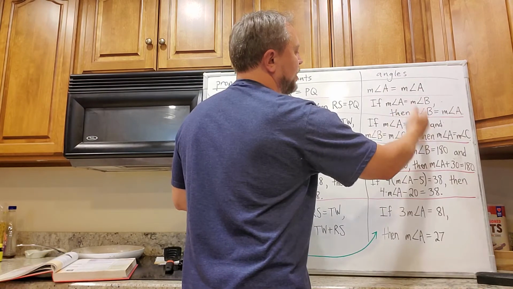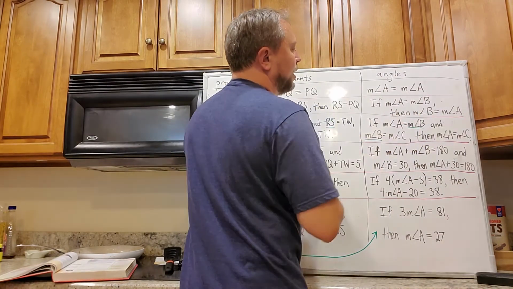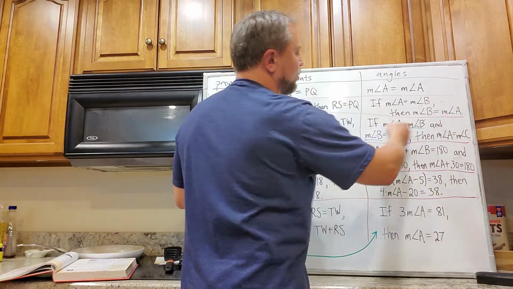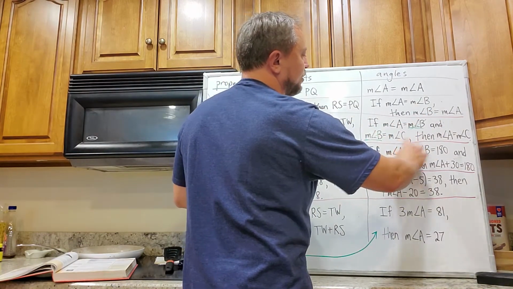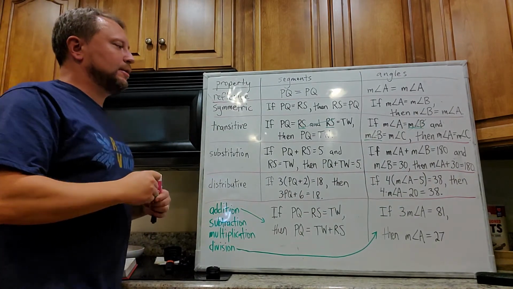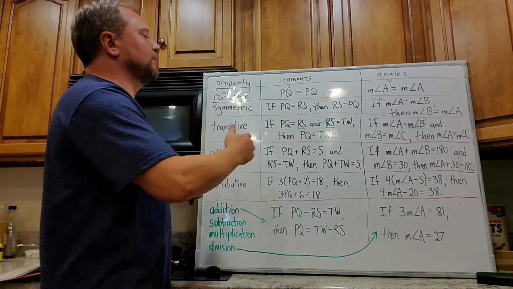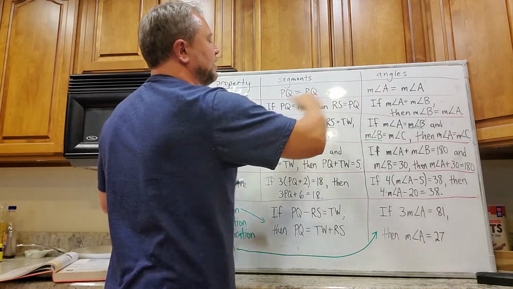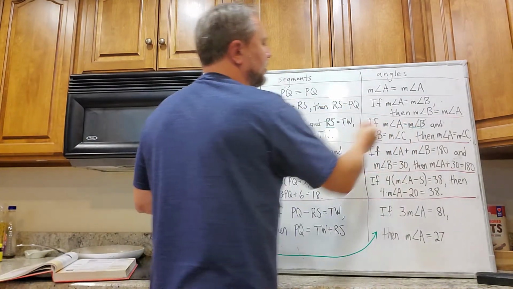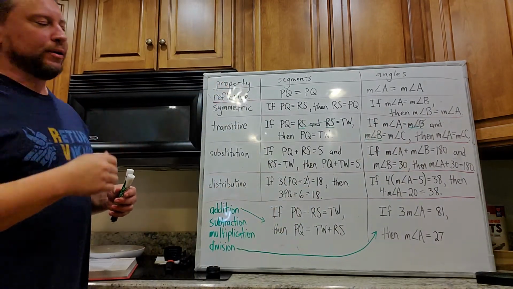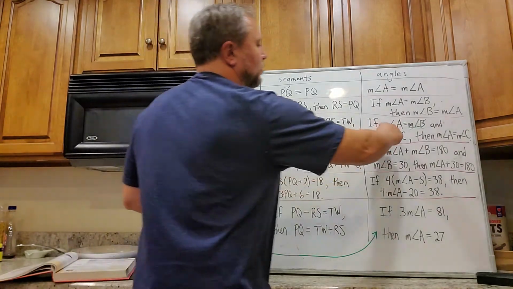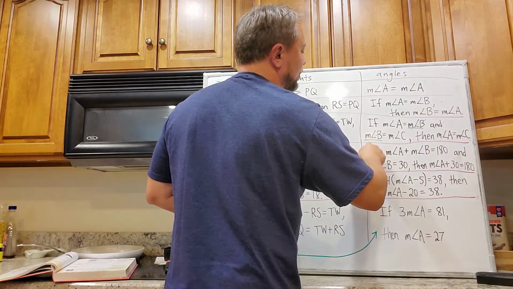So if A equals B and B equals C, I can eliminate the middleman, the B's, and just say A would have to equal C. A equals C. So the transitive property has to have a domino effect, and there has to be a middleman connecting them to keep that chain going. Where the one left off, the other one begins.